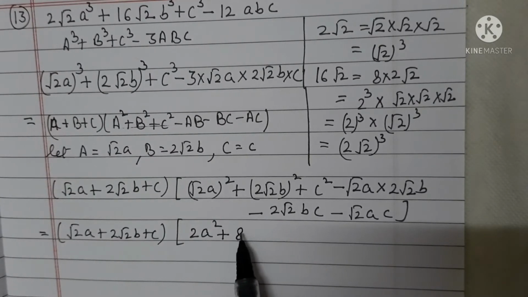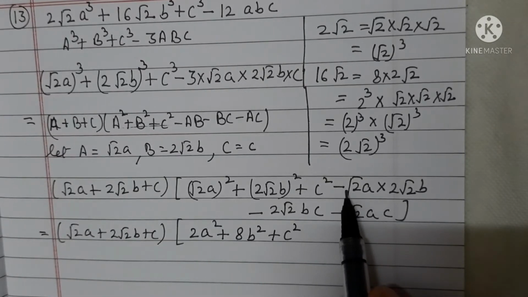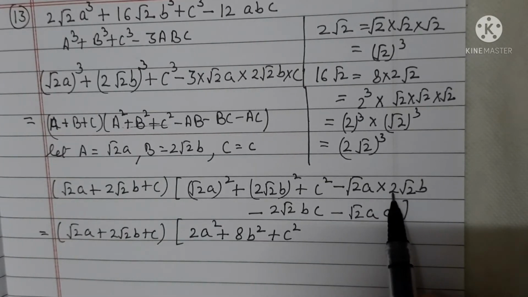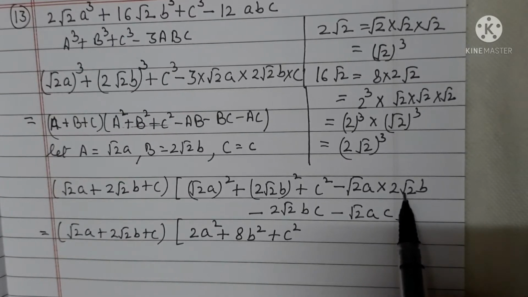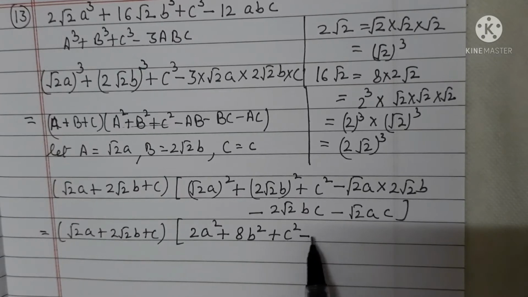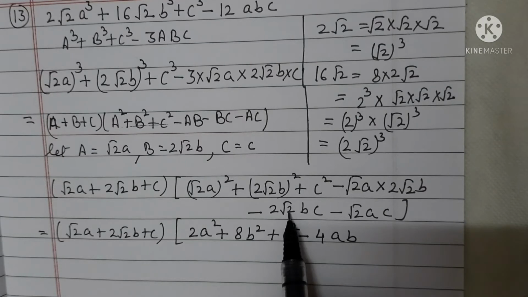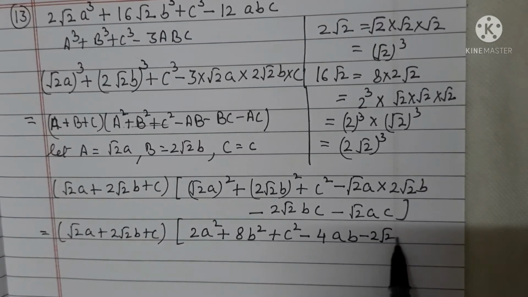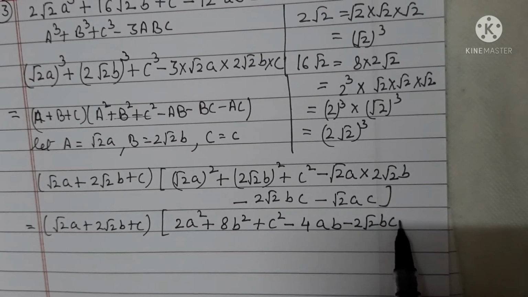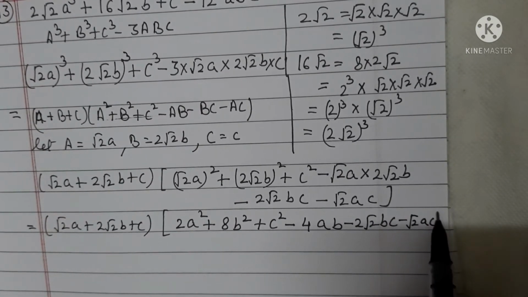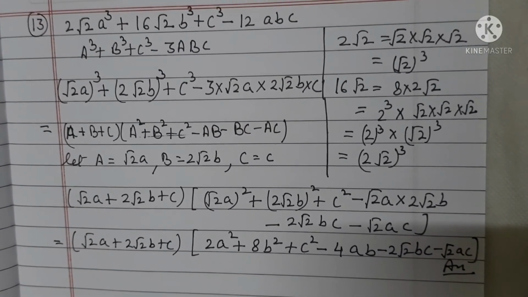So write it 8b square plus c square, minus here 2 and this root 2 becomes 2, so 2 into 2 is 4, minus 4ab. Next minus 2 root 2 bc, minus root 2 ac. This is the factors of the given expression.